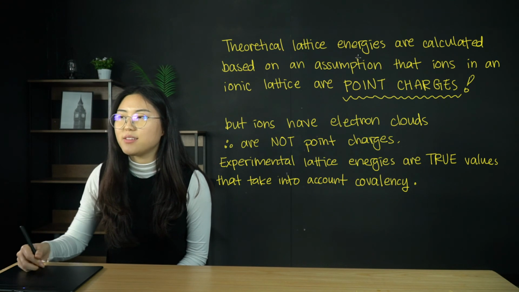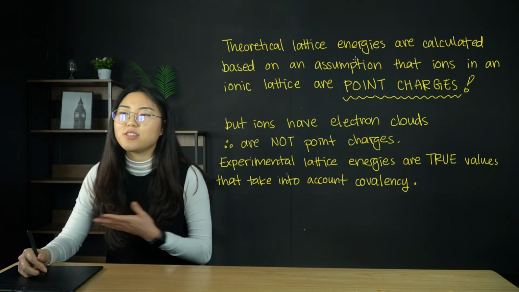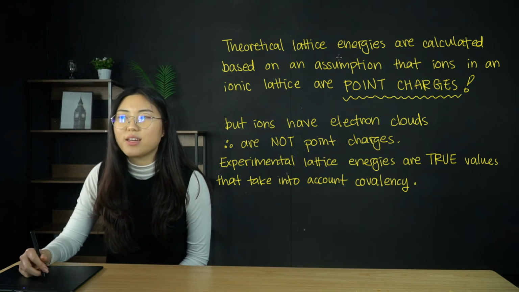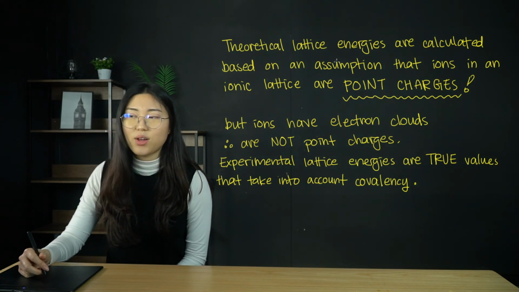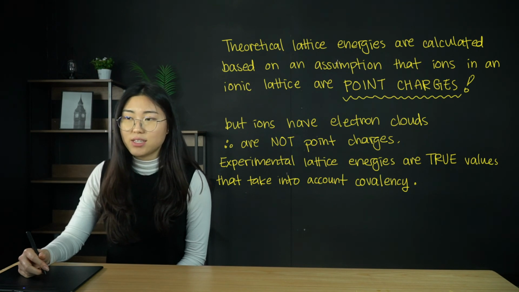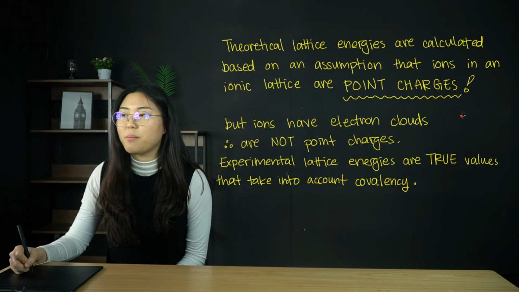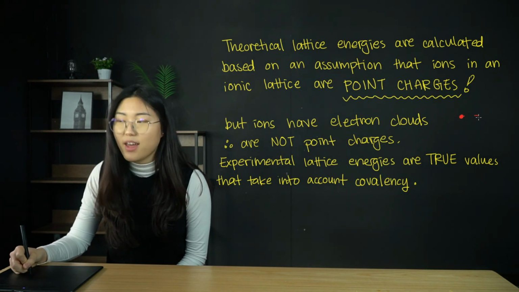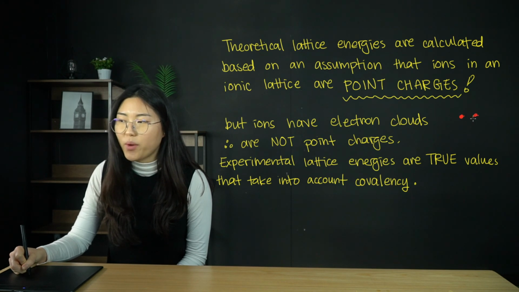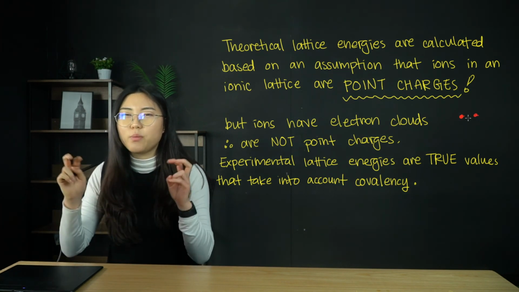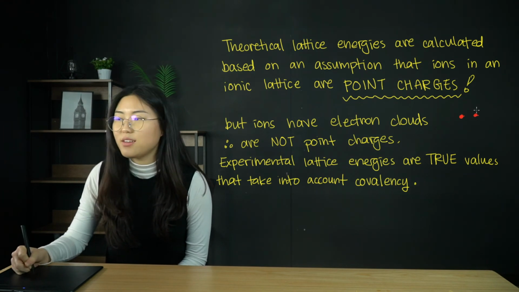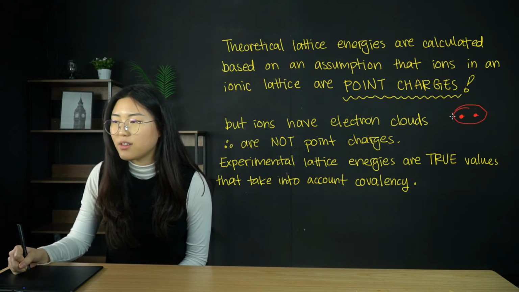Yeah, and so we're gonna just explore their reasons why to this. So theoretical lattice energies are calculated based on an assumption that ions in an ionic lattice are point charges. So basically the plus charge is just like a point, and the negative charge is also a point. Okay, so they don't occupy any volume. But ions have electron clouds, right? So electron clouds are going to look like that.